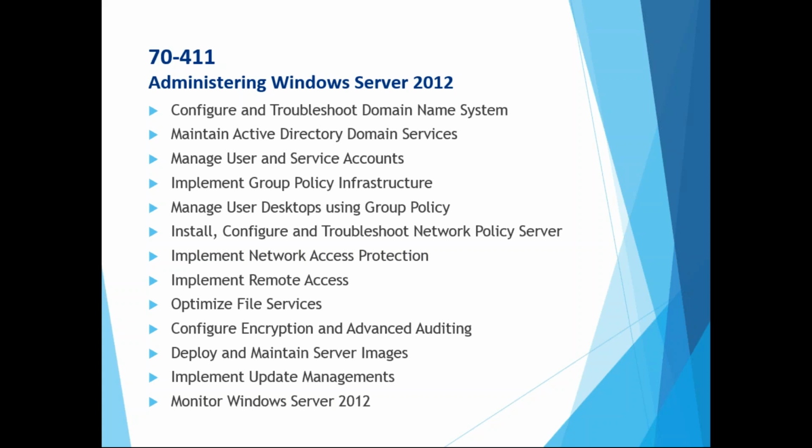Install, configure, and troubleshoot Network Policy Service, checking the health and condition of the system, Network Access Protection. Remote Desktop, again Remote Access Service, covering Windows XP, Vista, 7, 8 and also 10.